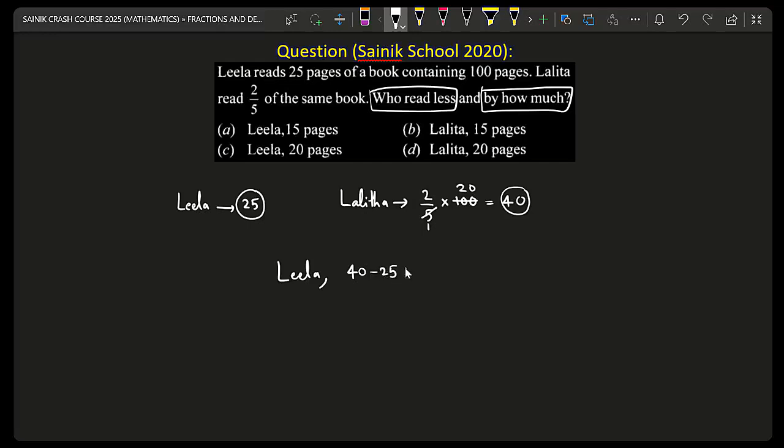What is 40 minus 25? 15, sir. Therefore, Leela read fewer pages, and 15 fewer. So which option is matching here? Option A. Option A, Leela and 15 pages. That is answer A. Very good, Manaswini. You can mute yourself now.